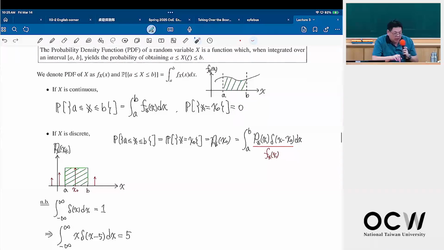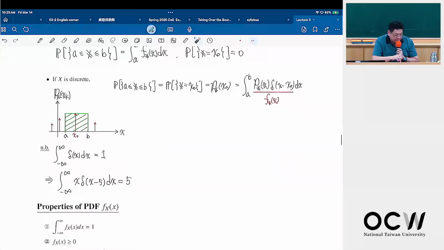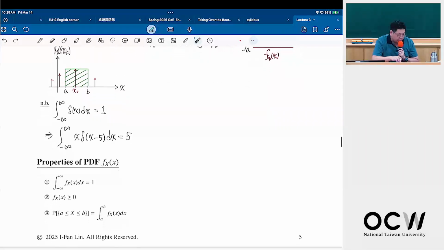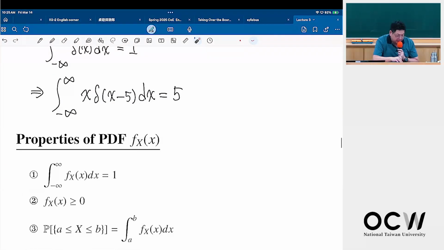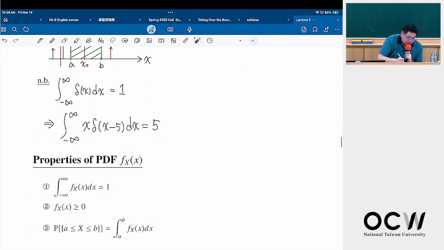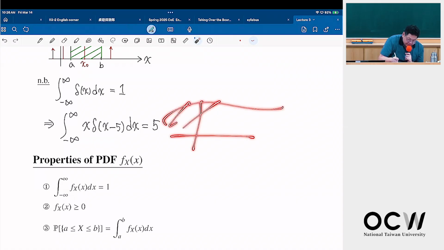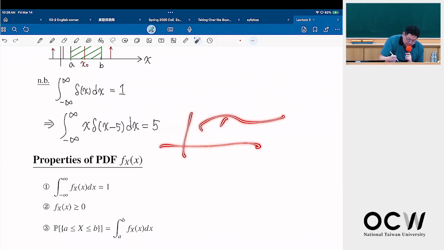Now let's see the properties of the PDF. There are some good properties for the PDF, and we will use them a lot. The first one: if I do the integration of the PDF, it will be 1. PDF means probability density function, so if I consider all this density function, do the integration, and calculate the areas, overall it should be 1.